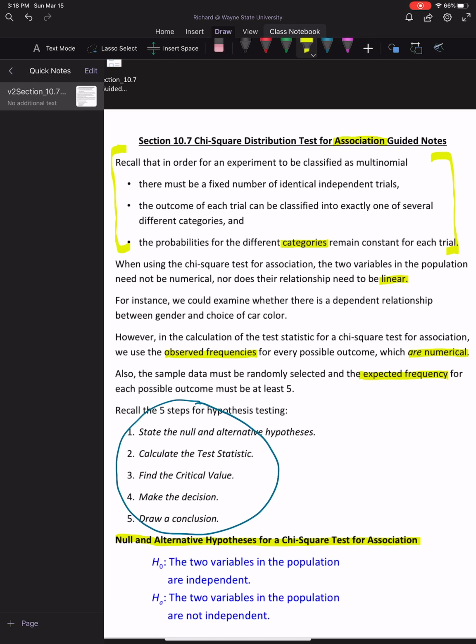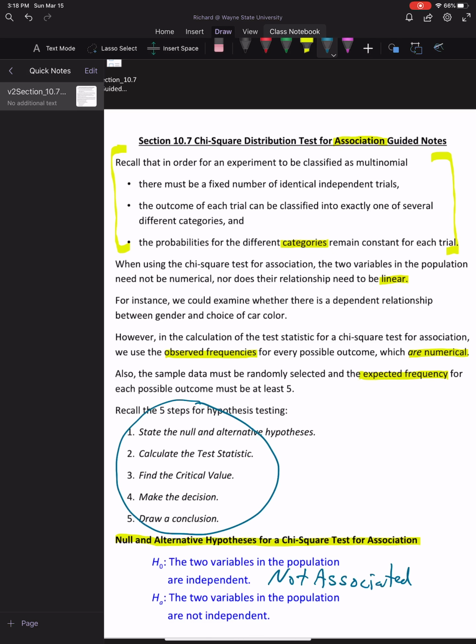The form that they take: the null is that the two variables in the population are independent, and the alternative is that the two variables in the population are not independent. There's another way you can frame it. When you say that the two variables in the population are independent, this means that they are not associated.